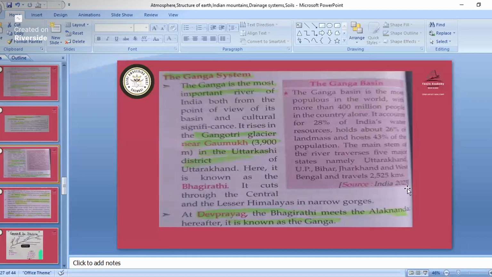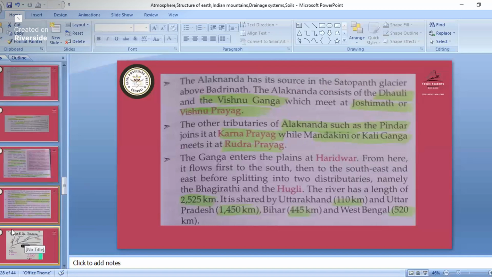Later we'll see this in the diagram. At Devprayag, Bhagirathi and Alaknanda form the Ganga. Alaknanda has its source in the Satopanth Glacier above Badrinath. Alaknanda consists of the Dhauli Ganga and the Vishnu Ganga, which meet at Vishnu Prayag.